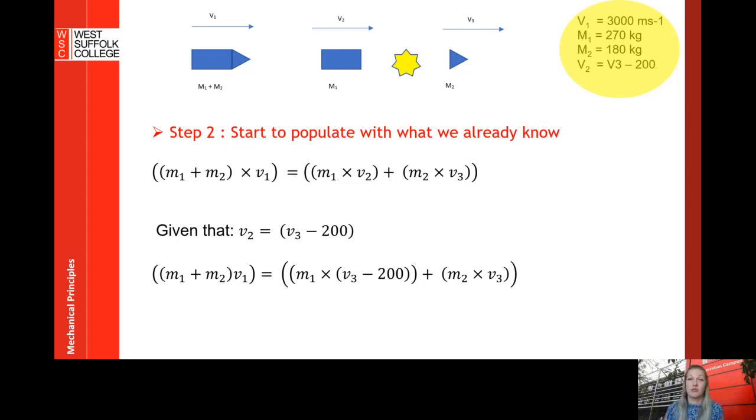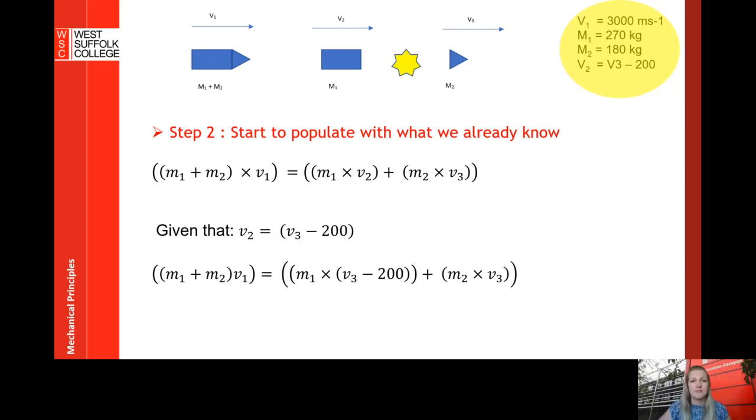We don't know what my final velocity is, and we also don't know what our V2 is at this stage. All we know is V1. So what we're going to do in the next step, guys, is begin to factorize this equation and make it so that we can just simply plug in our values.